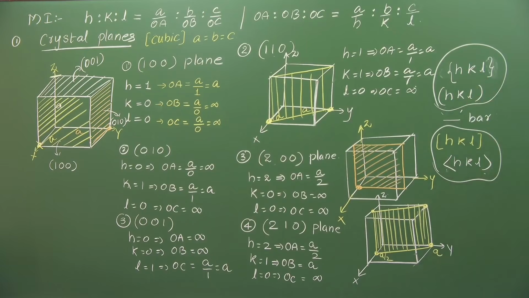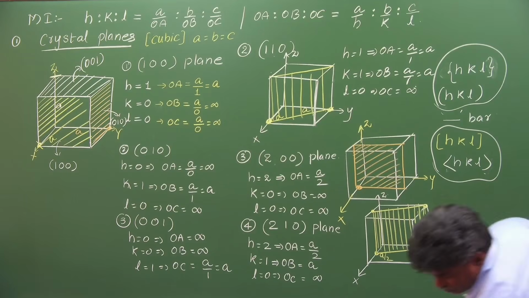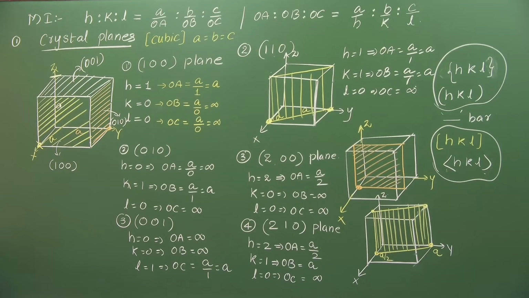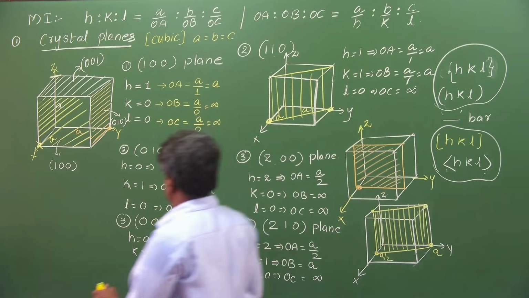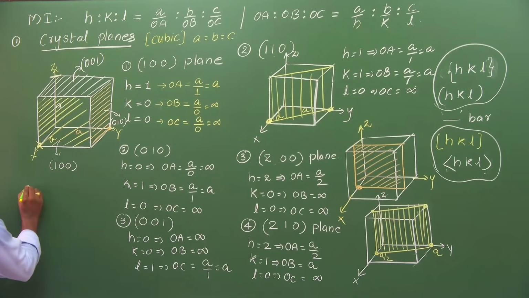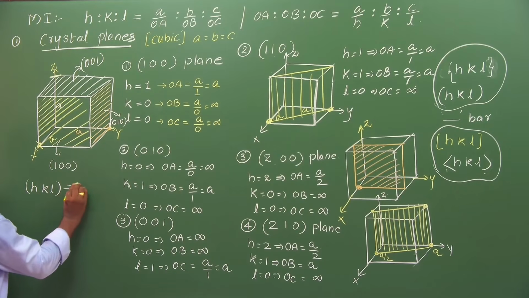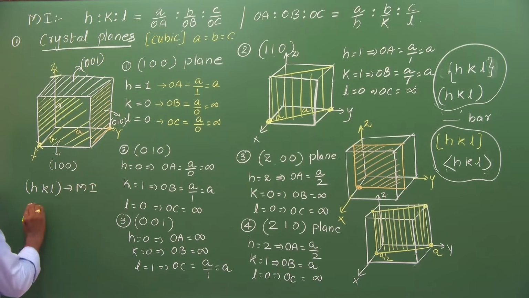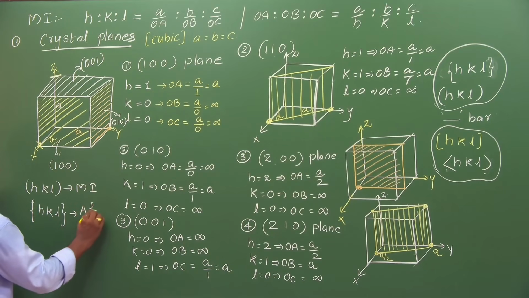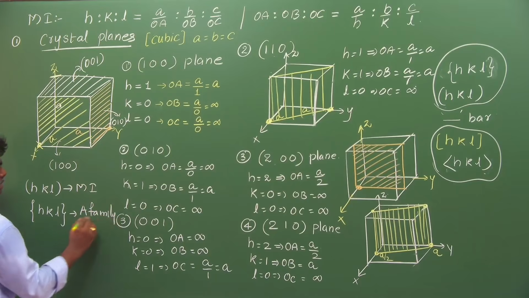Right, write it up. First problem. If you want to write, I will write here. So (HKL), no space, Miller indices. {HKL}, a family of Miller indices.